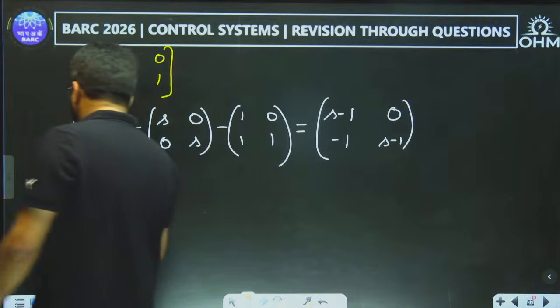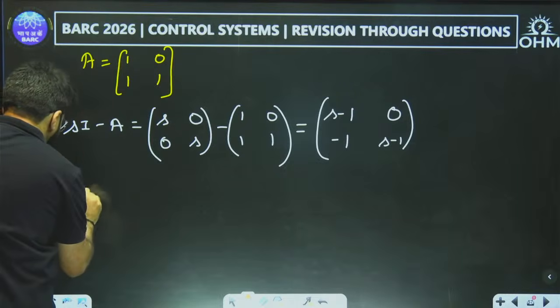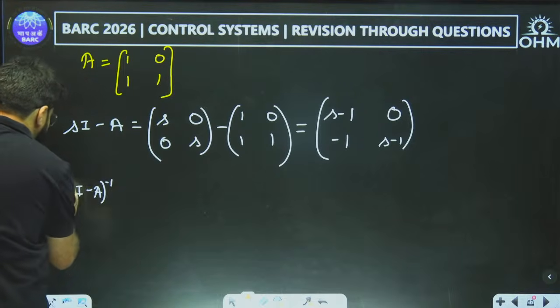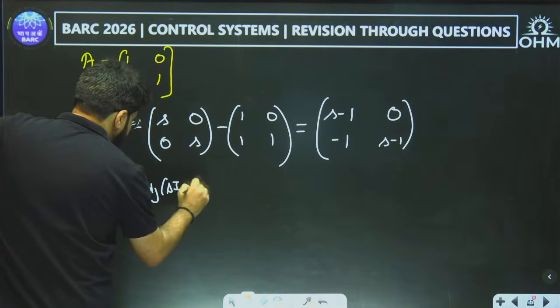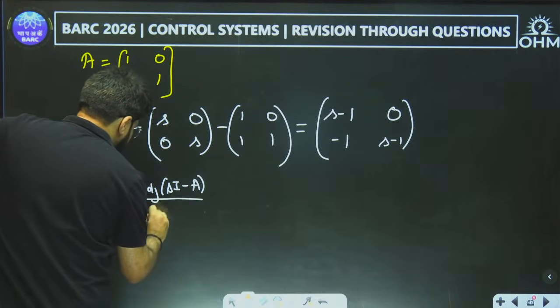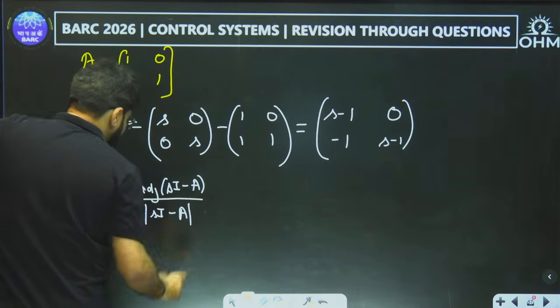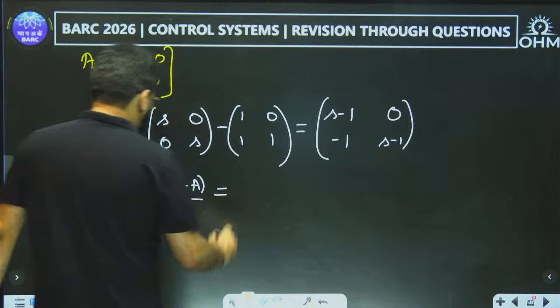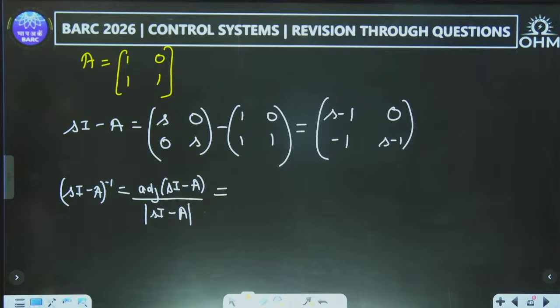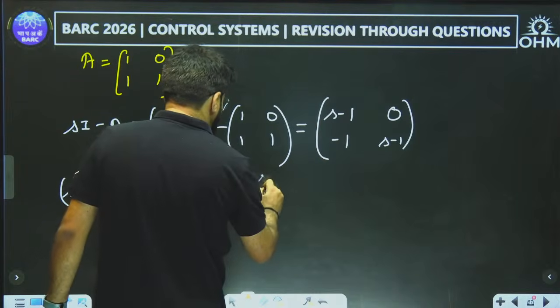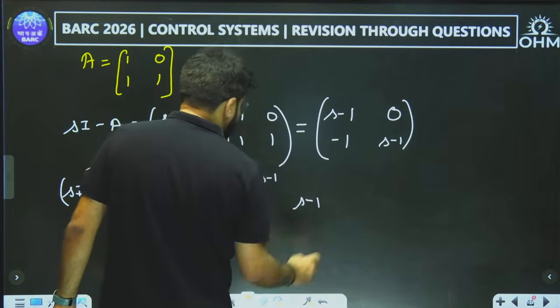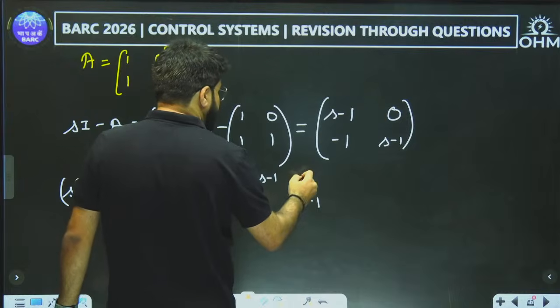Now, what is the (sI minus A) inverse? It means adjoint of (sI minus A) divided by the determinant of (sI minus A). What is the adjoint? Exchange the diagonal numbers, which are anyway the same here, and for the off-diagonal numbers we only change the sign.